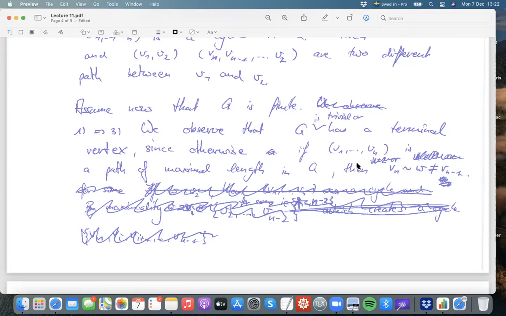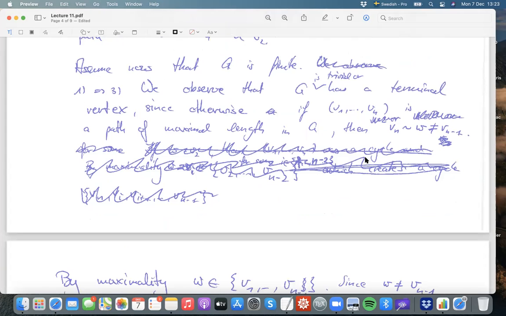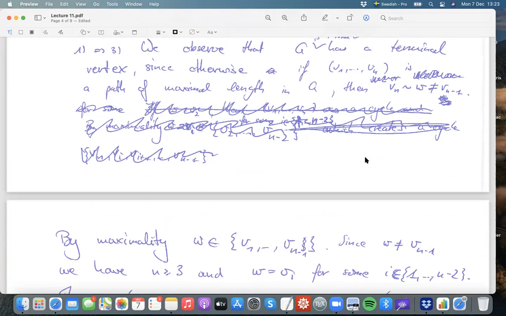If the last vertex is not a vertex of degree 1, then it is connected to some w, which is not the previous vertex in your path. Then you can either extend your path, which contradicts its maximality, or you will be getting a cycle.